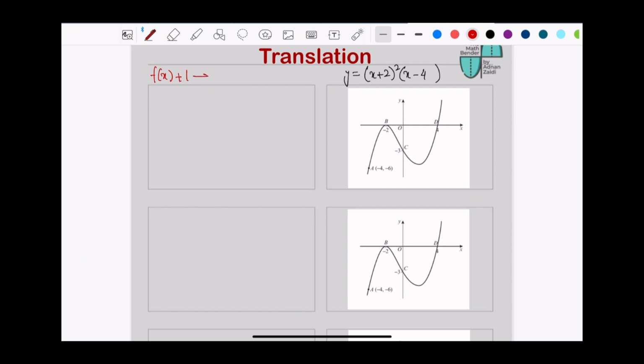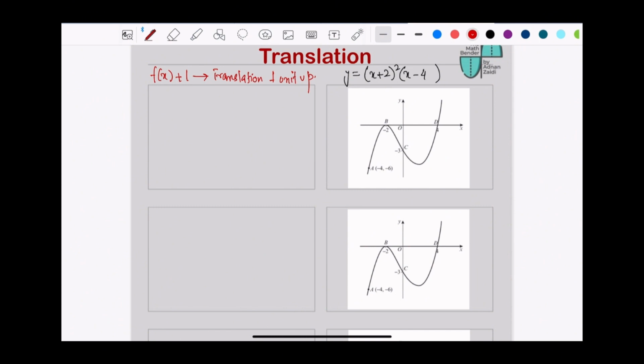So this is going to be a translation 1 unit upward. And when I say 1 unit upward, the y coordinate changes, because if the curve is moving up, the y axis is going to be changing.